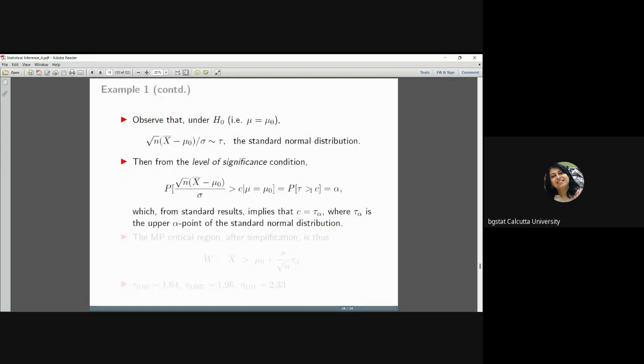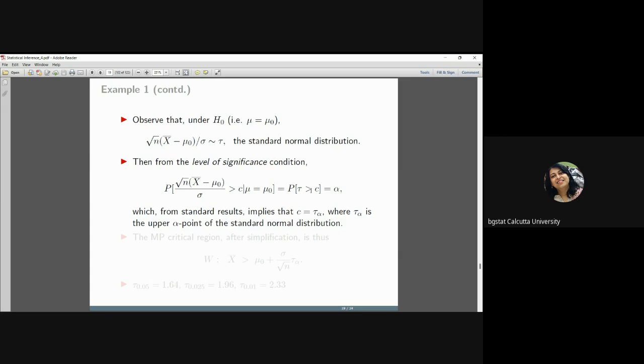How to choose c? C comes from the fact that I need some pre-specified level of significance. So let me assume that this pre-specified level of significance is alpha. If you remember the definition of level of significance, it means that the probability of rejecting h naught, given that the null is true, must be equal to alpha.